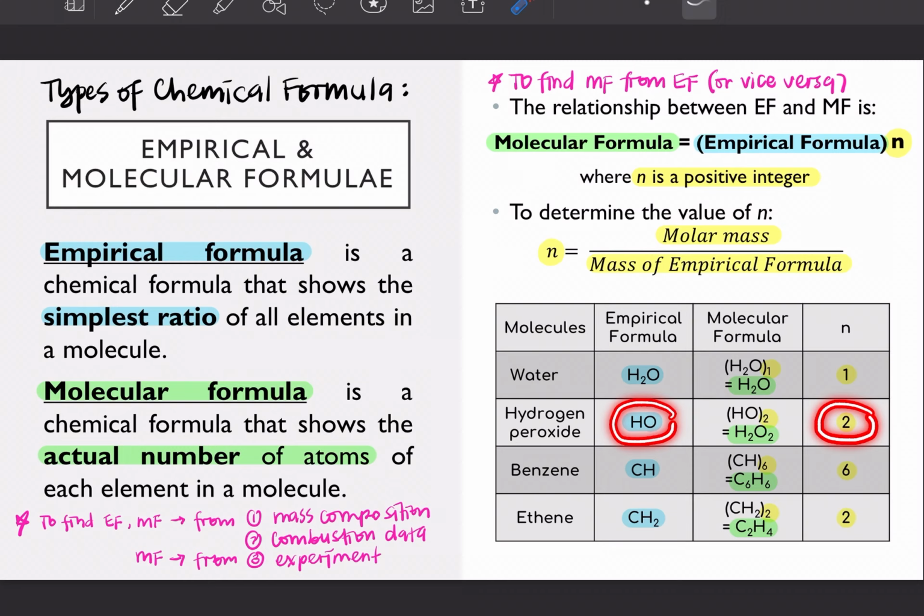From there, you can do empirical formula times your n, and you will get your molecular formula, which is H2O2. So you know that the molecular formula is for hydrogen peroxide. Basically you're just using this formula to find your molecular formula.